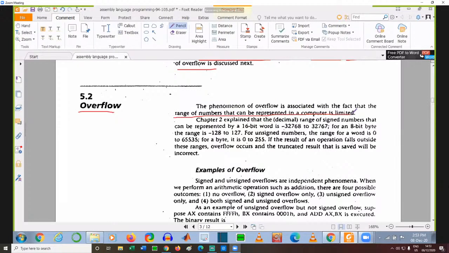That's why overflow occurs; otherwise there would be no overflow.